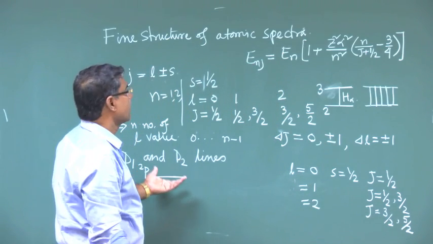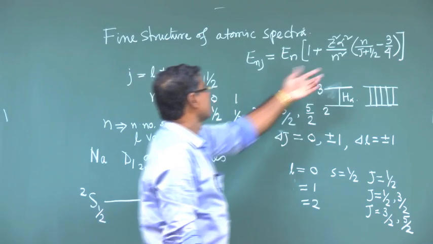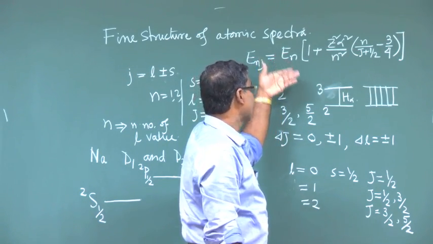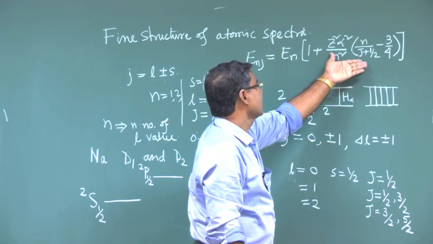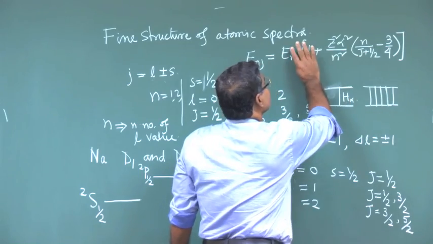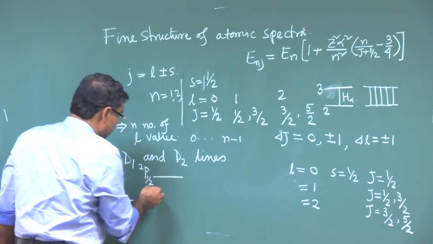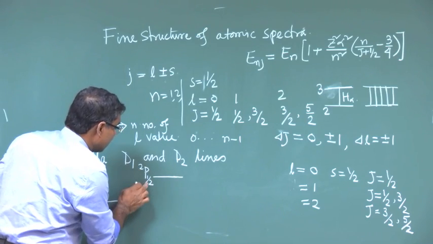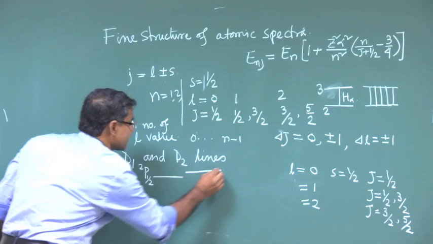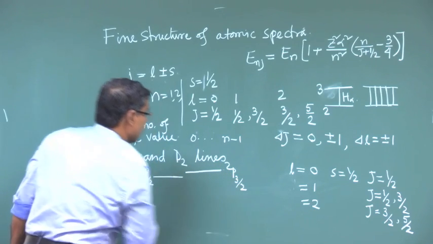Smaller J, it will be more negative, and for higher J this value will decrease, so it will be less negative. So, 2P half is one energy level, and then another energy level you will get is 2P 3 by 2, right.